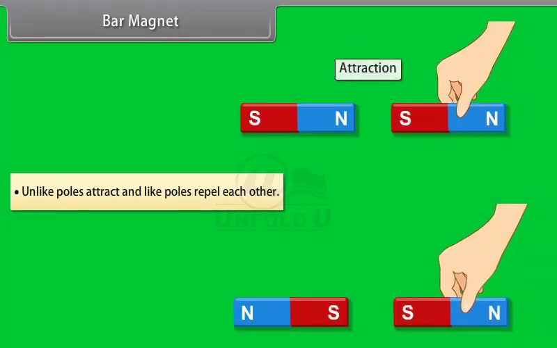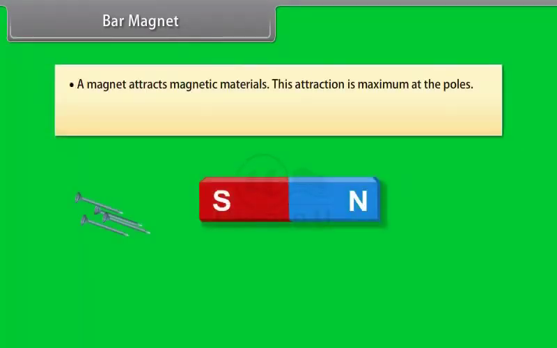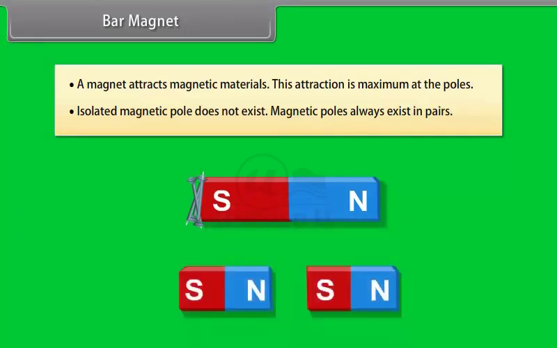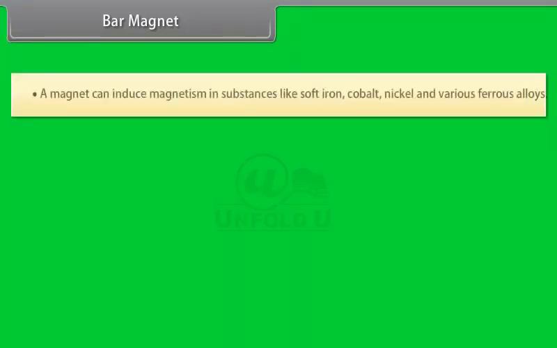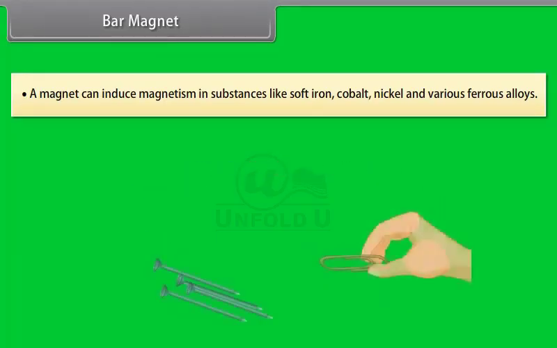Unlike poles attract and like poles repel each other. A magnet attracts magnetic materials. This attraction is maximum at the poles. Isolated magnetic pole does not exist. Magnetic poles always exist in pairs. A magnet can induce magnetism in substances like soft iron, cobalt, nickel, and various ferrous alloys.